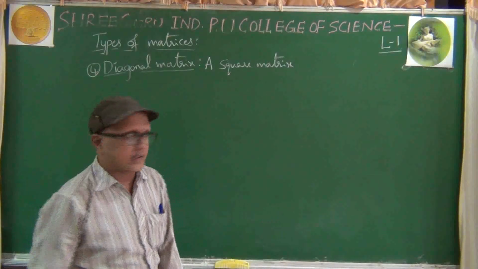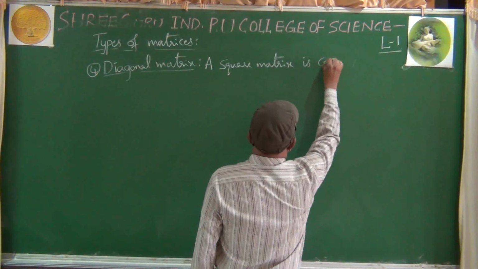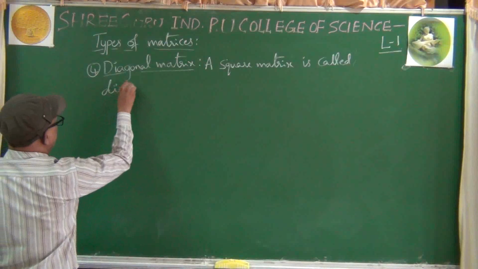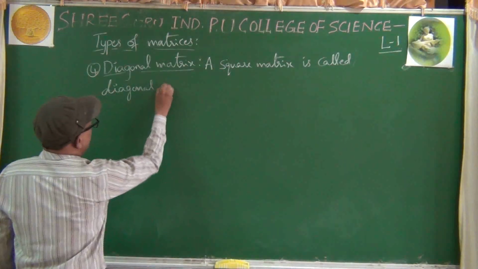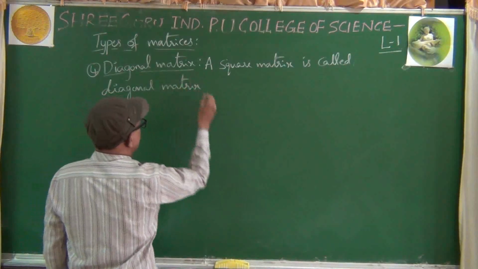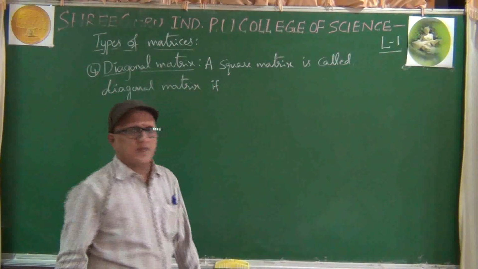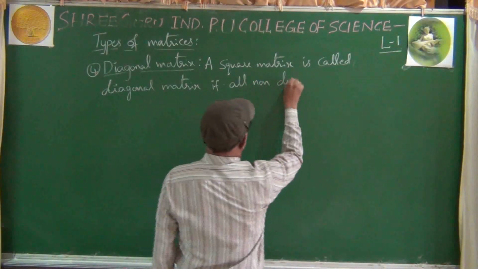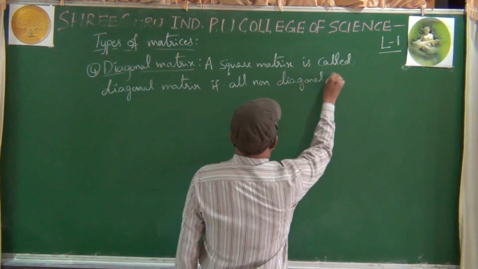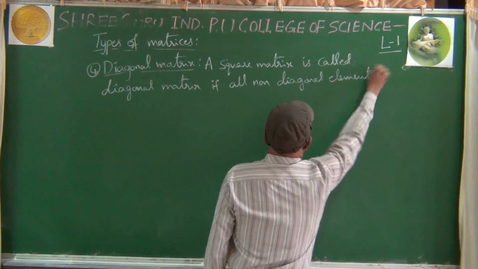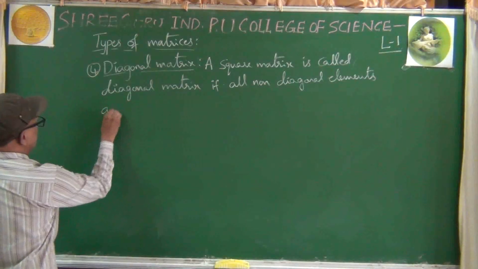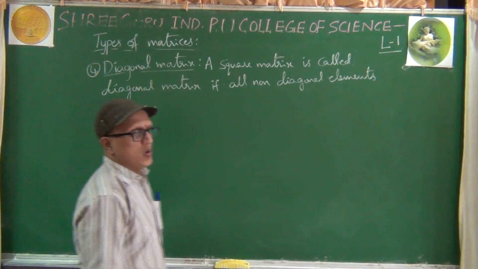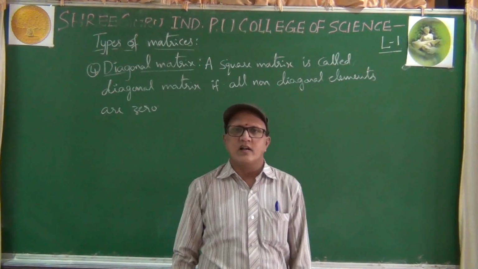A square matrix is called a diagonal matrix if all non-diagonal elements are 0. All non-diagonal elements are 0.